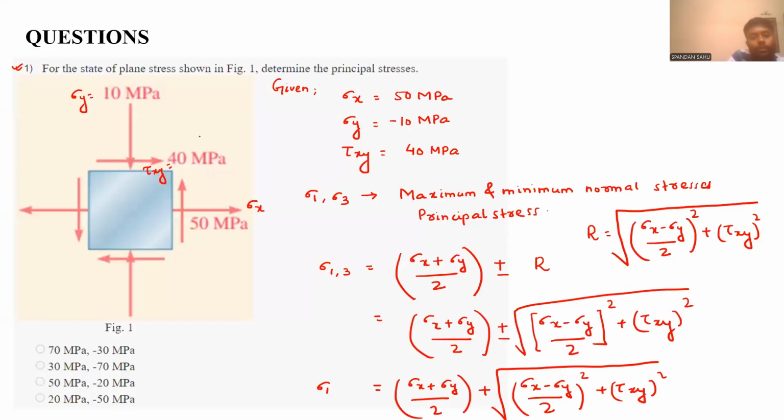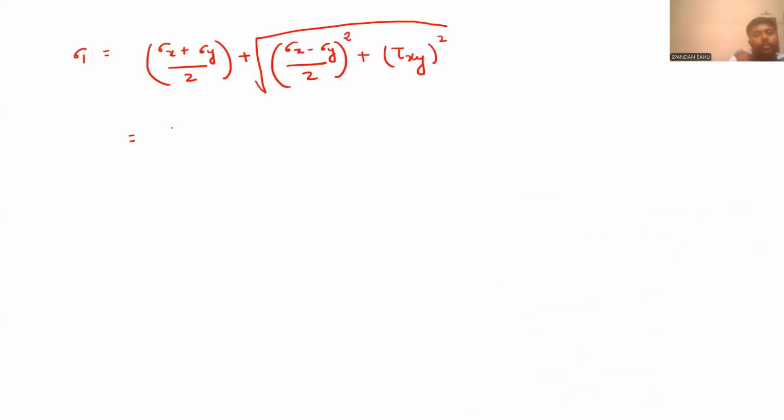So we just have to substitute the values: sigma x is 50, sigma y is minus 10, and tau xy is 40. Let us substitute directly with sign. Minus of minus 10 is minus 10 by 2 plus 50, minus of minus 10 will be plus 10.